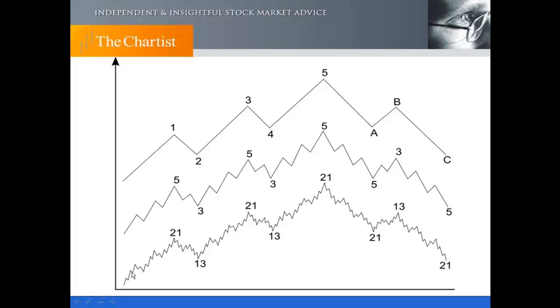In fact, if we break them down even further, we've got 21 waves up, 13 waves down, 21 up, 13 down, and so on. So you can see every impulsive wave, that's 1, 3, 5, A and C, has 21 waves, and every corrective wave, which is 2, 4 and B, has 13 waves. The other thing you will notice is the Fibonacci numbers. All these are Fibonacci numbers.